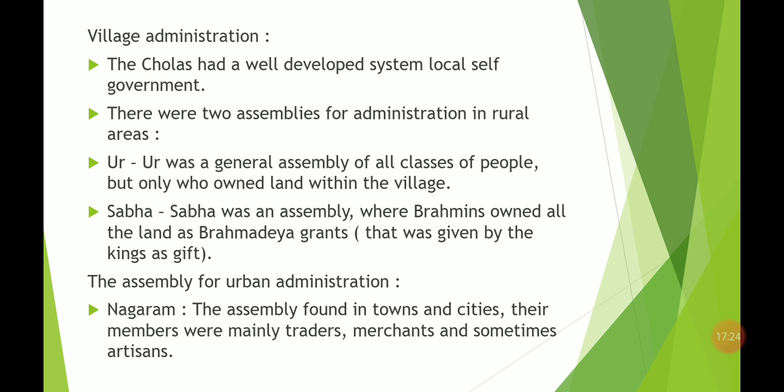Artisans means craft workers, those who work in a craft. They all were part of the Nagaram assembly. They took the decisions for the particular area, village or town. So this is the division of the village administration: Ur and Sabha, and for the cities or urban areas, the Nagaram.